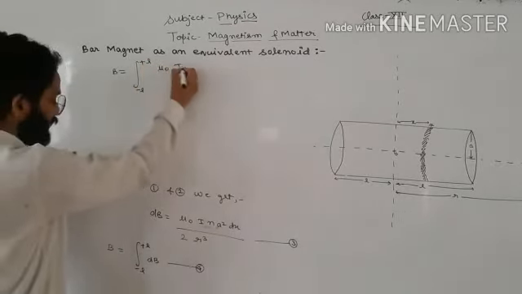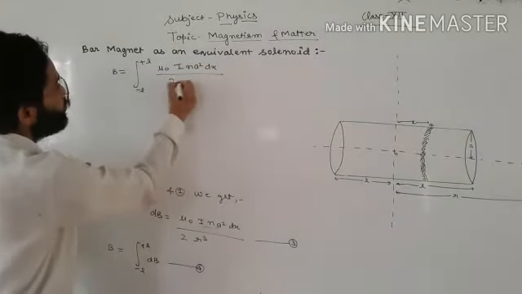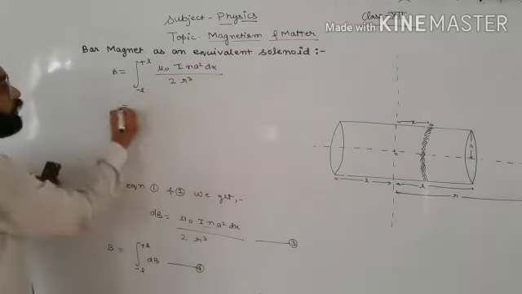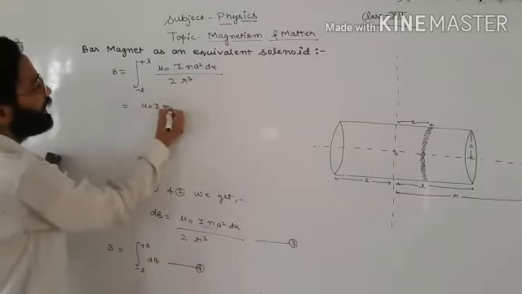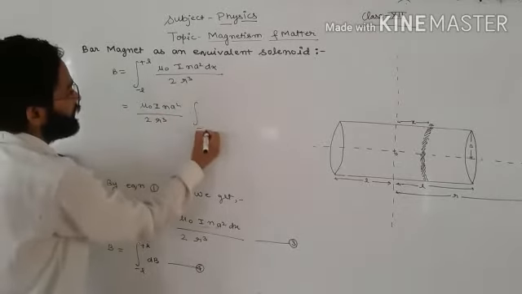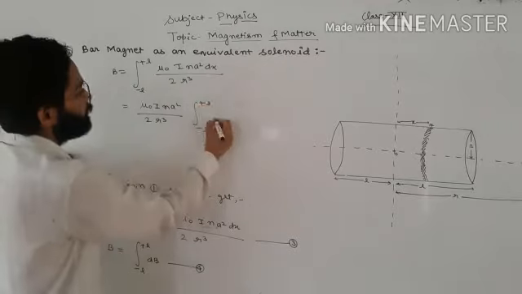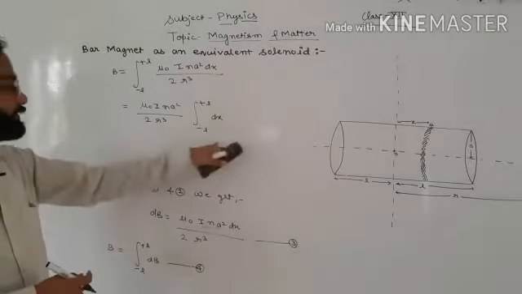That is mu naught I n a square dx upon 2 r cube. What is the constant term here? That is mu naught I n a square upon 2 r cube. Then this one would be integral from minus L to plus L of dx.